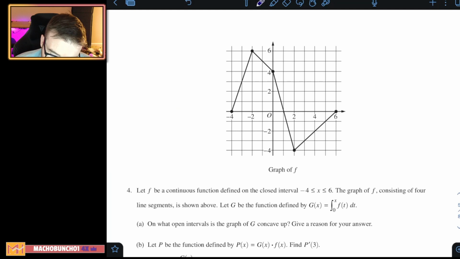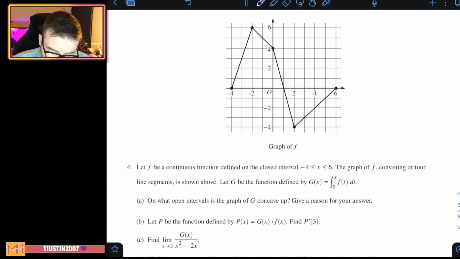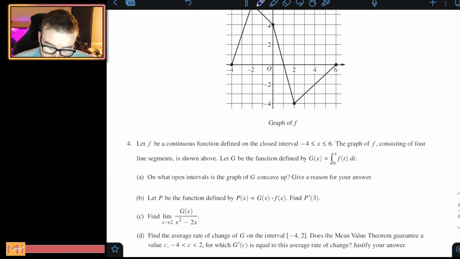The graph of f, consisting of 4 line segments, is shown above. Let g be the function defined by g of x equals the integral from 0 to 6 of f of t dt. On what open intervals is the graph of g concave up? Give a reason for your answer.